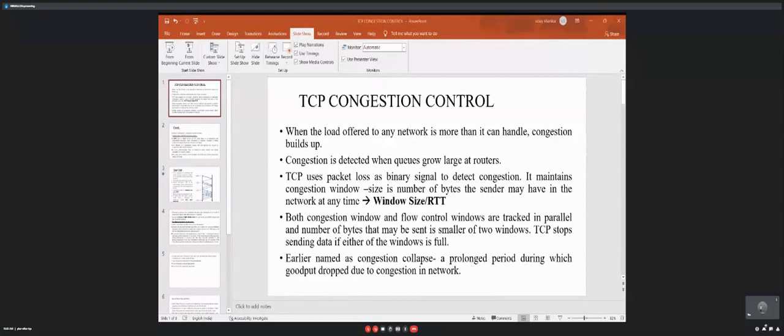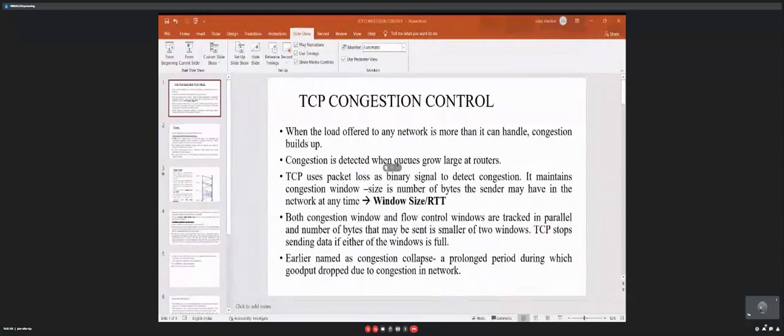When the data arrives out of order, the receiver can send a message to the sender indicating that the data is not in order, by sending a duplicate acknowledgement.